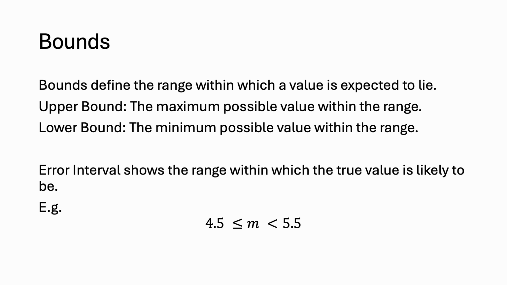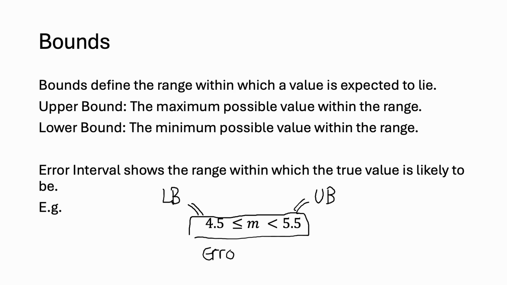For instance, for this one down here, 4.5 and then 5.5. So this 4.5 is the lower bound. This 5.5 is the upper bound. And this whole thing here is the error interval. So when we talk about error interval, we're just showing the range of values this m can be.